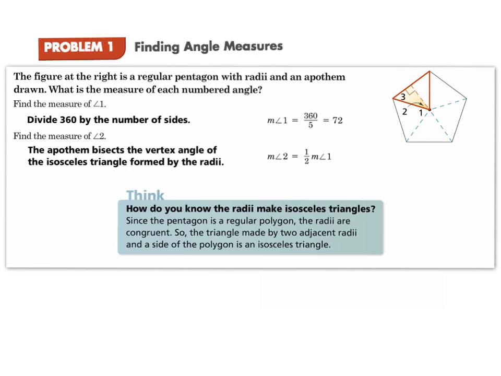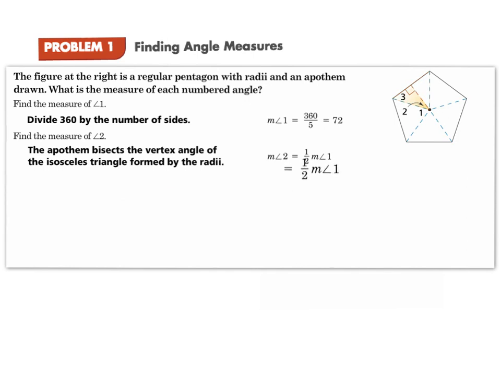So the triangle made by two adjacent radii and a side of the polygon is an isosceles triangle. Now substitute. So the degree measure of angle 2 is 36.